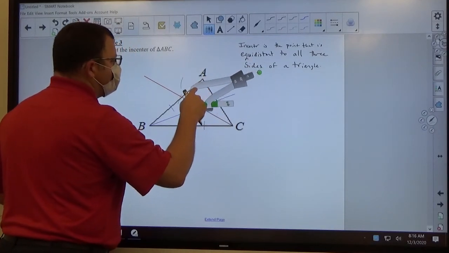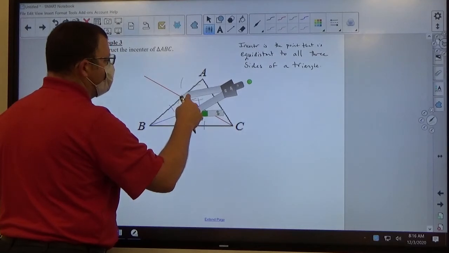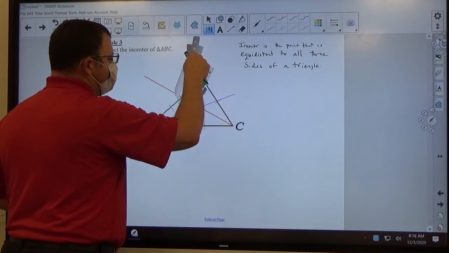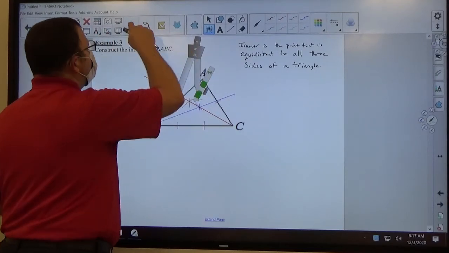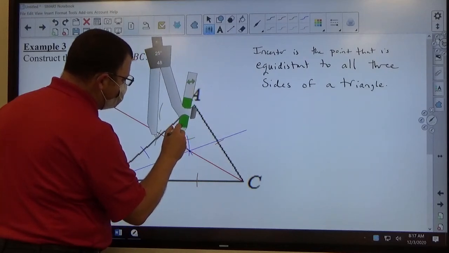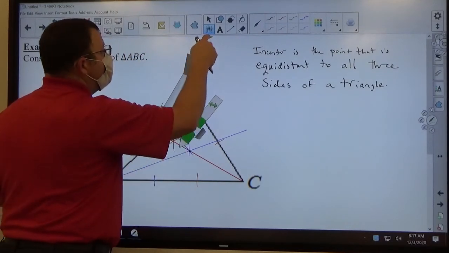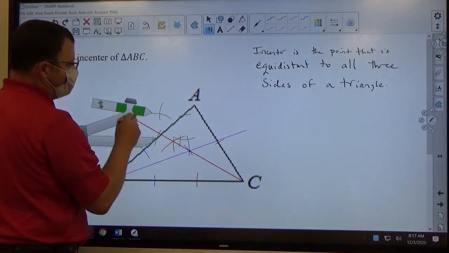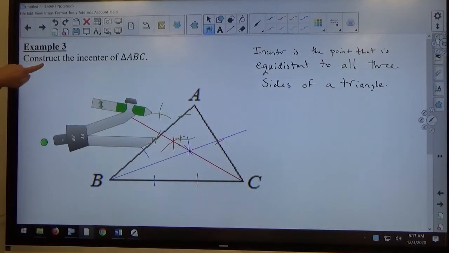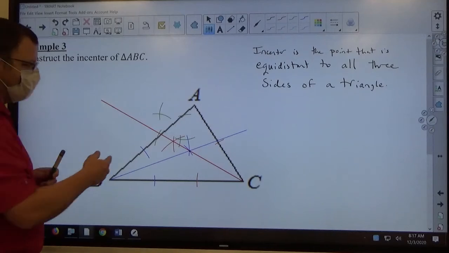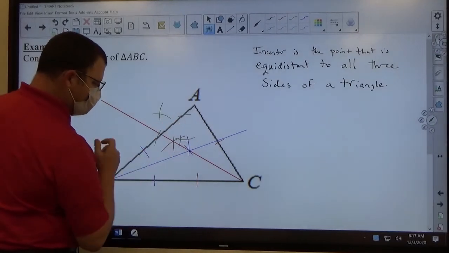And then I grab my compass, bring it over here to the other point of intersection of arc and side. I'm going to intersect the arc there, and I'm going to intersect the arc over here. Those two marks represent points on the perpendicular bisector of this segment here.